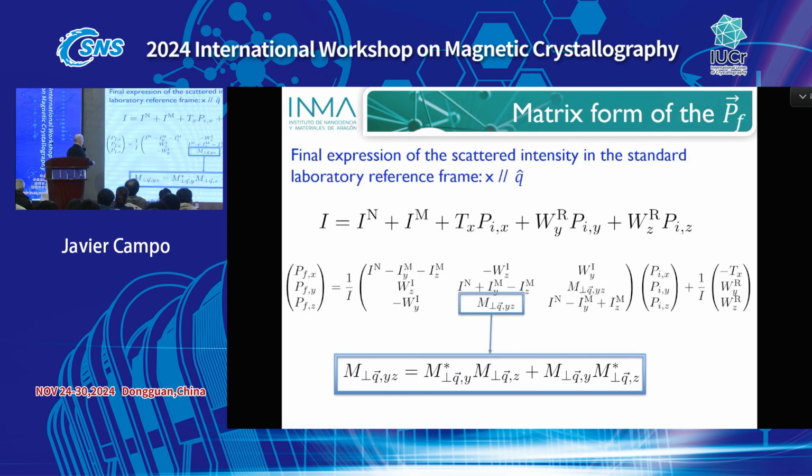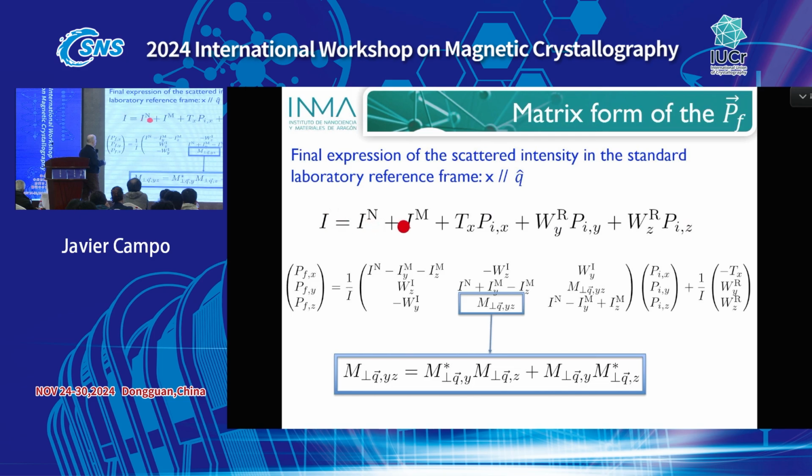And then the final expression for the scattered intensity in a given direction q is the nuclear structure factor squared, plus the magnetic interaction vector modulus squared, plus, by choosing this system, the chiral term has only x component times the polarization along x, the real part y component, this is a real vector, y component times initial polarization along y, and the real part z, polarization along z.